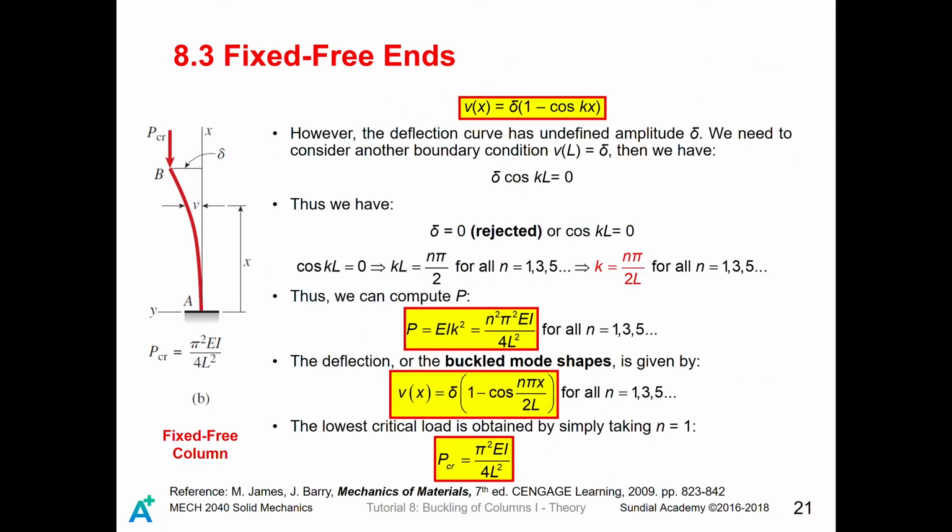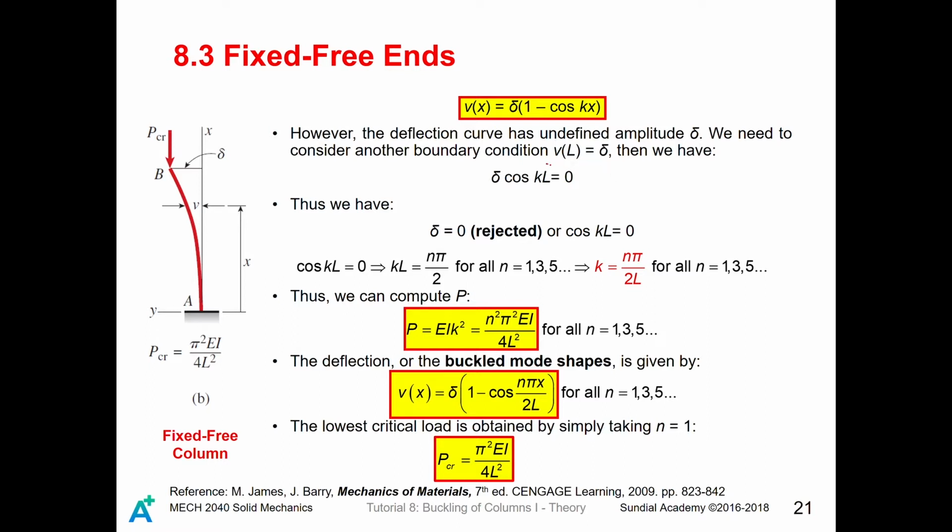However, the deflection curve now has an undefined amplitude, which is delta. Although we have already assumed the deflection at the free end is delta, we don't have any idea what delta is. So we have to consider another boundary condition, which is that at x equals L, the deflection is given by delta.